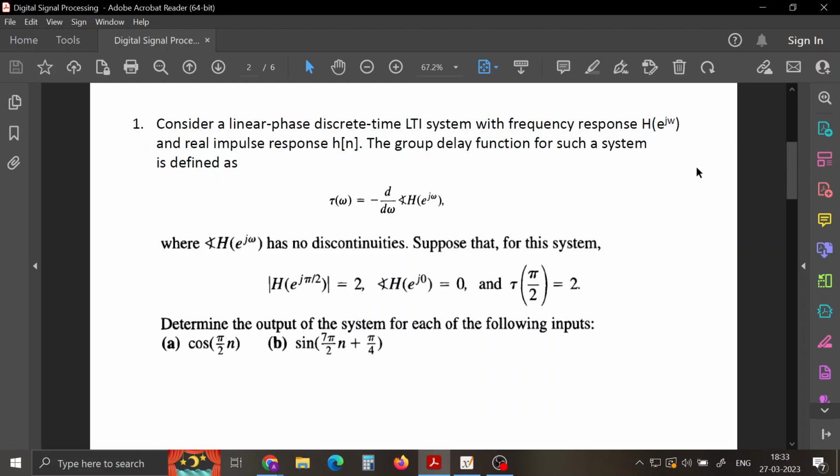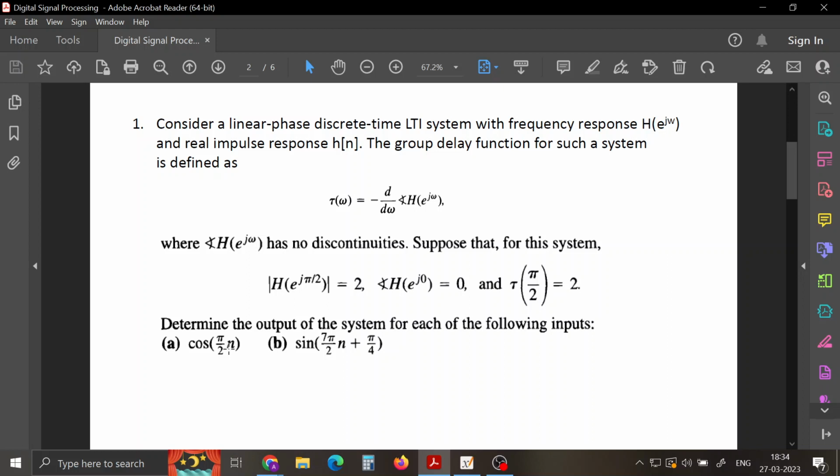This group delay, as mentioned in the lectures, is given by the negative derivative of the phase of the frequency response, and we have been given these three conditions here. Firstly, the magnitude is equal to 2 at omega equals pi by 2, the phase of the frequency response is equal to 0 at omega equals 0, and the group delay at pi by 2 is equal to 2. Given this information, we need to find the output of this system for these given inputs.